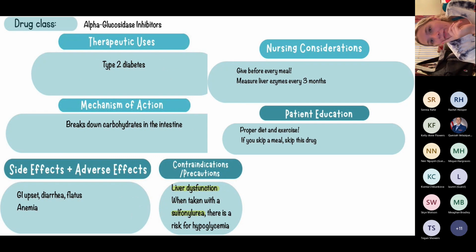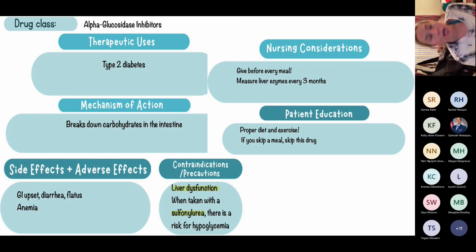Up next, we have our alpha glucosidase inhibitors. Essentially, this helps a little bit break down some more carbs. However, it can really cause some liver dysfunction. Therefore, watch your livers. A good rule of thumb is if they're on 2 oral anti-diabetics, we really need to be careful about their sugars, because you might have to hold it.